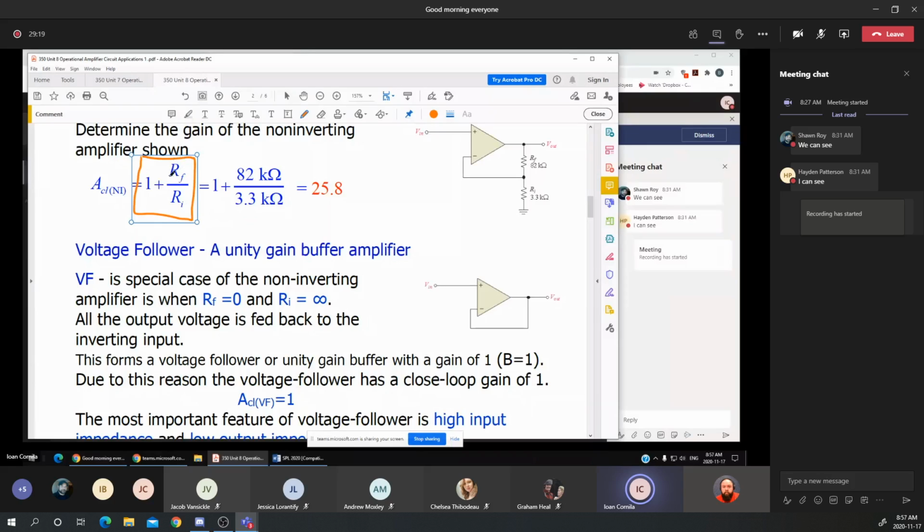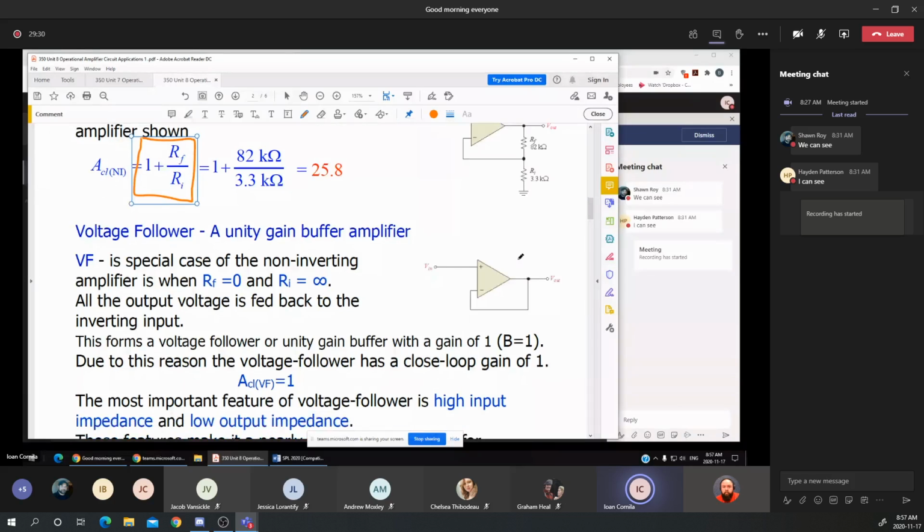Suppose that I make RF 0, which is replaced with a short circuit, and Ri infinite. It means I'm replacing the RF, the resistance connected to the output of the op-amp, with a short circuit, and the value of Ri as an infinite ohmic value, which is represented by an open circuit.